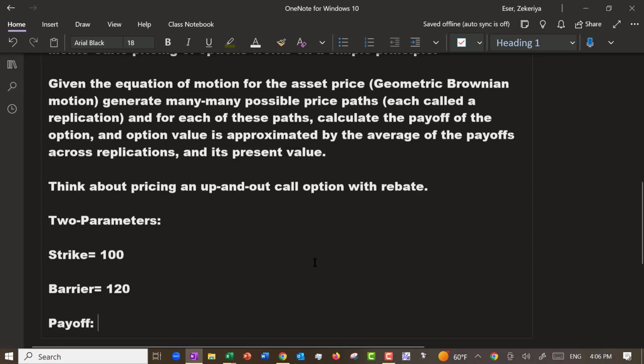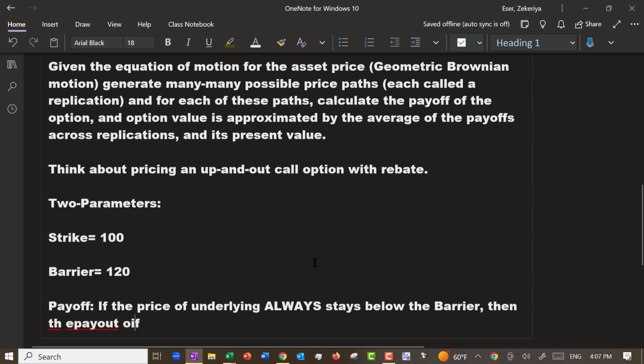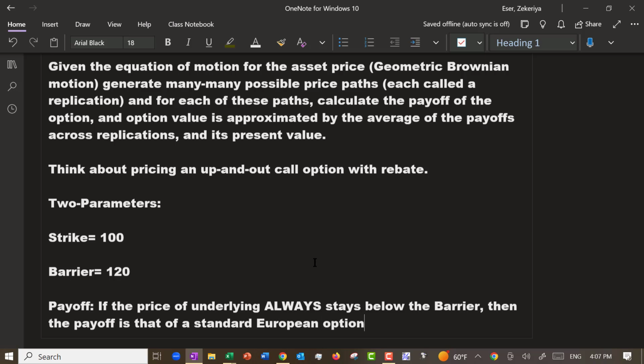Here's the payoff. If the price of underlying always stays below the barrier, then the payout is that of a standard European option. Price always below 120.